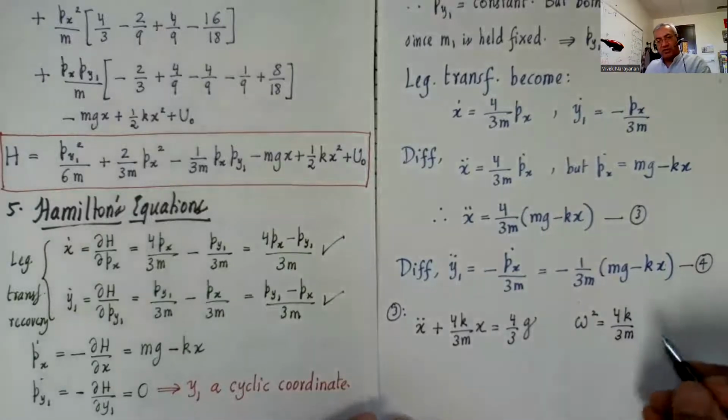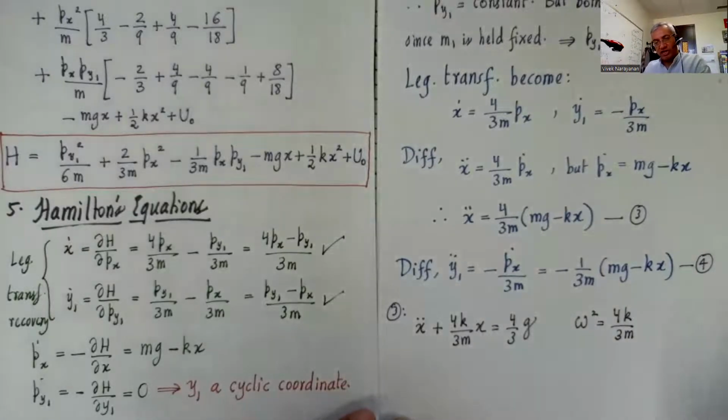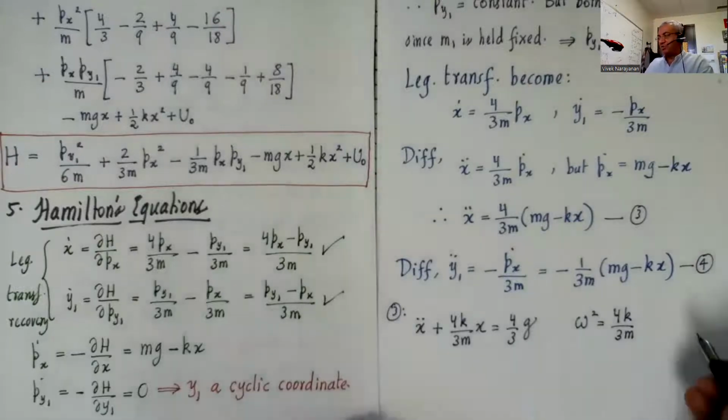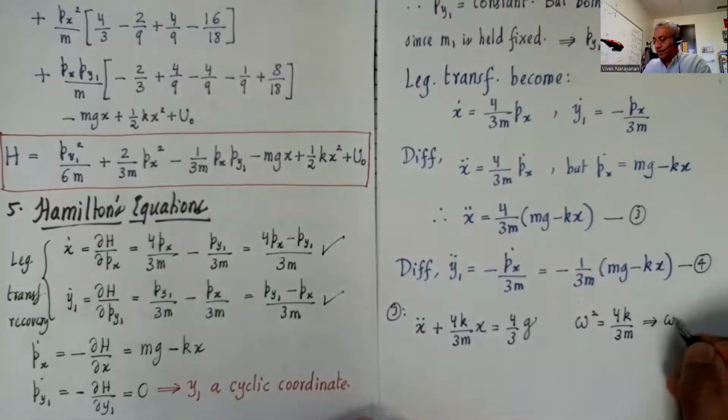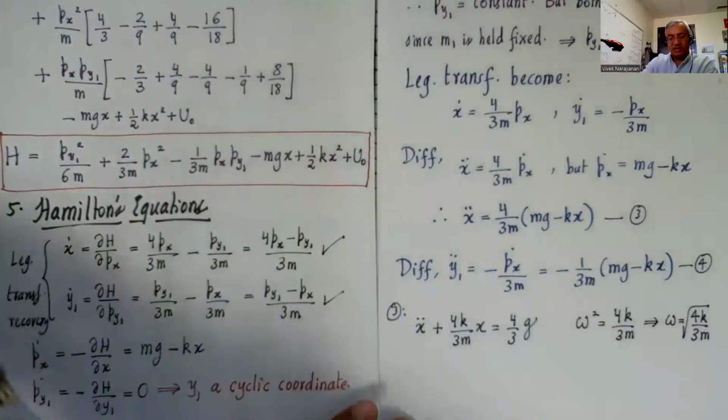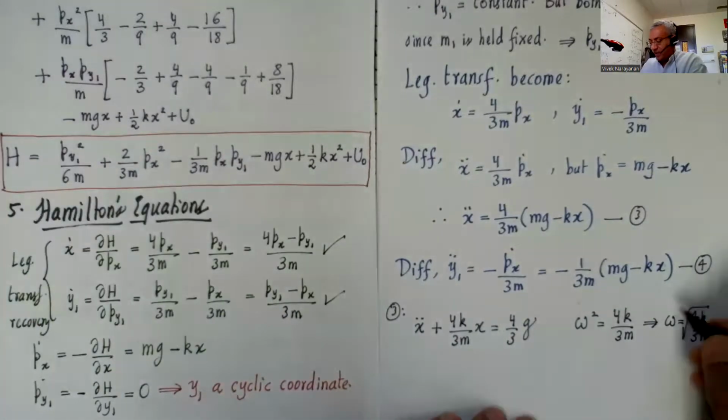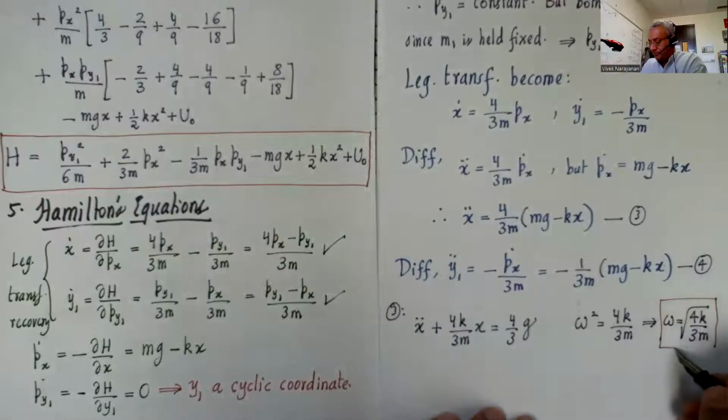That is the appropriate frequency to define in a spring block oscillator system. This tells me that omega is the square root of 4k over 3m. Let's box that important angular frequency that comes up in this problem, just like that.